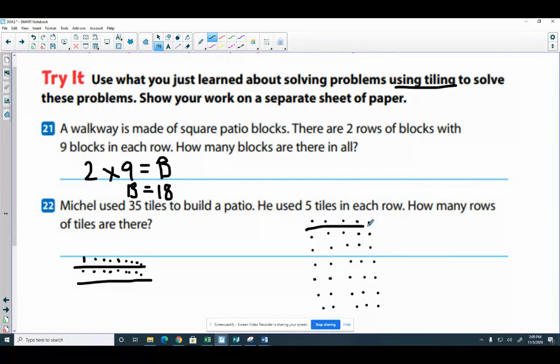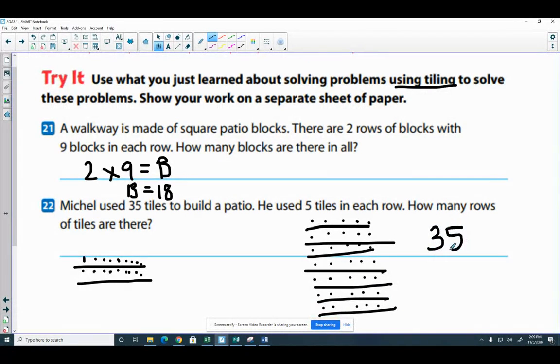And then you can see that there were 7 rows of 5 tiles once you draw it out. So the division problem, if you were to look at it that way with an unknown. And like I said, there's different ways you can write these also, like we did on the previous page.